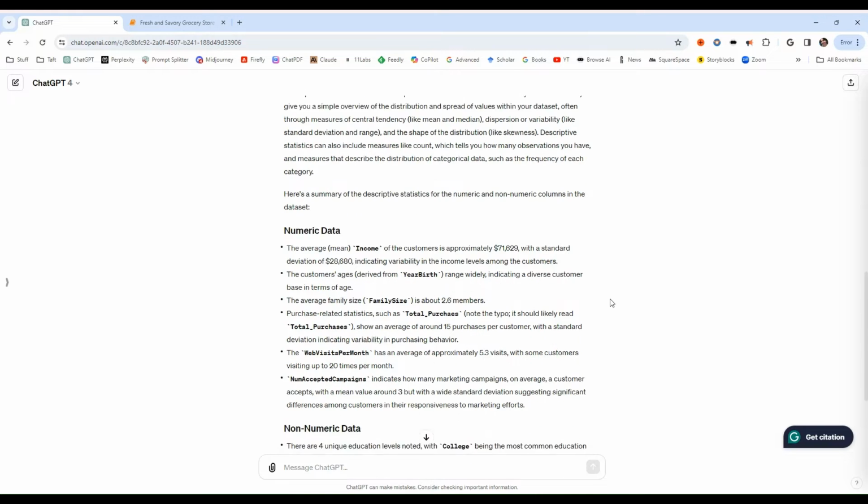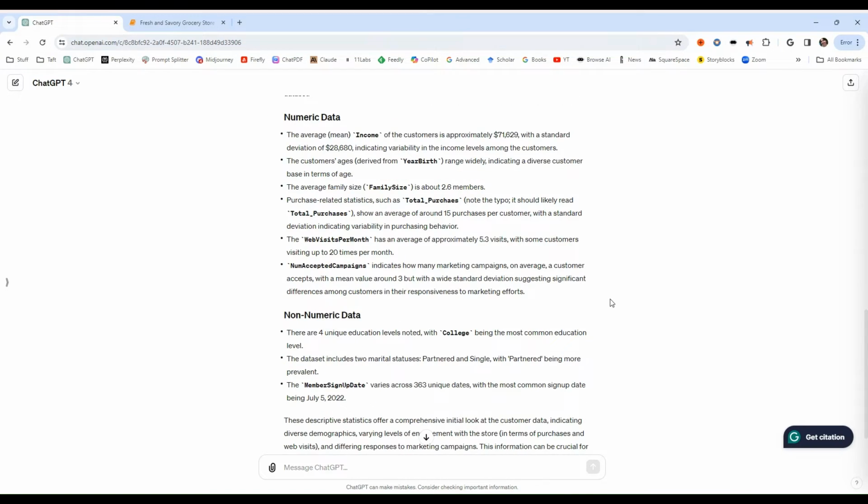Here, we can see the analysis of the numerical data. We have customers who make about $71,000 a year, but there's also some standard deviation. We can see that there's a wide range of birth years. We can see that the average family size is about 2.6, so that's parents and kids.